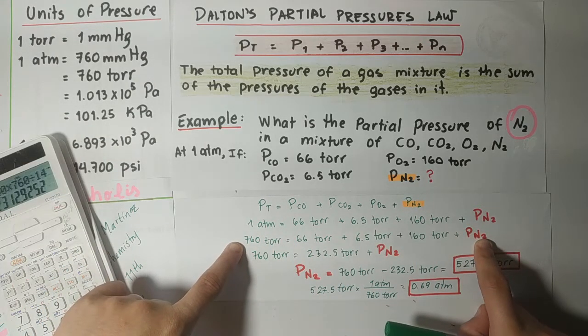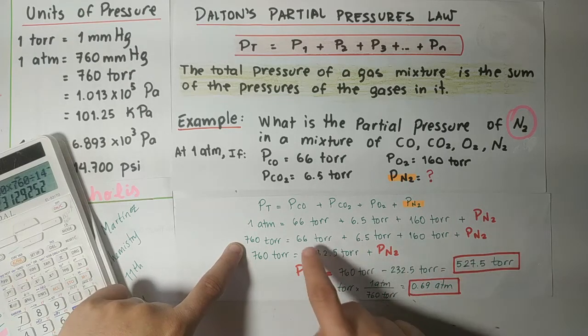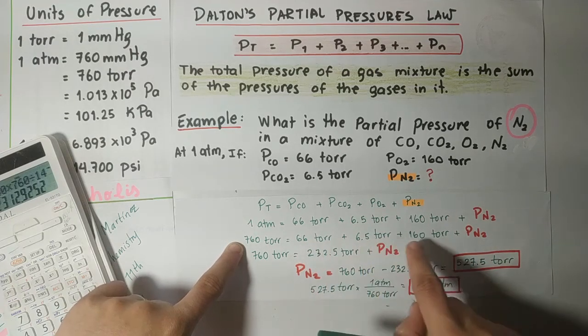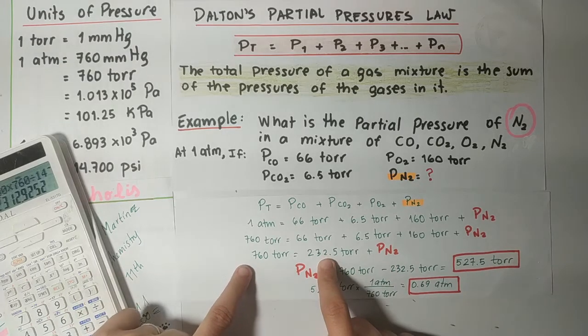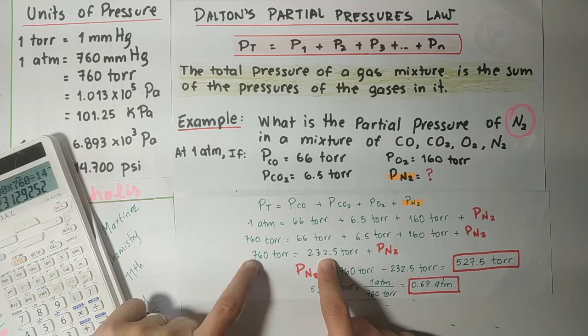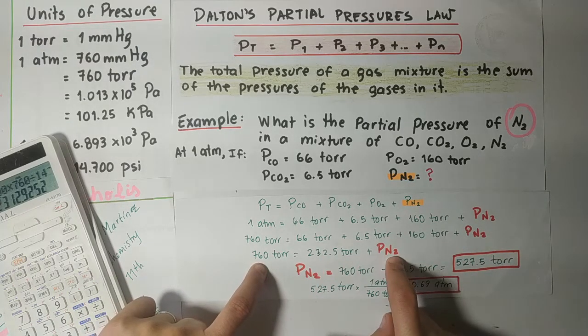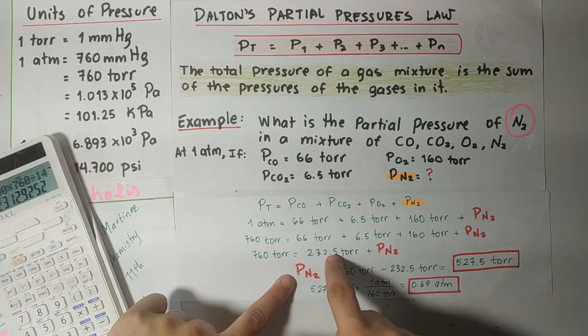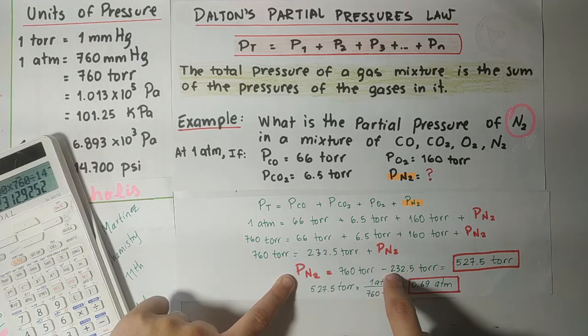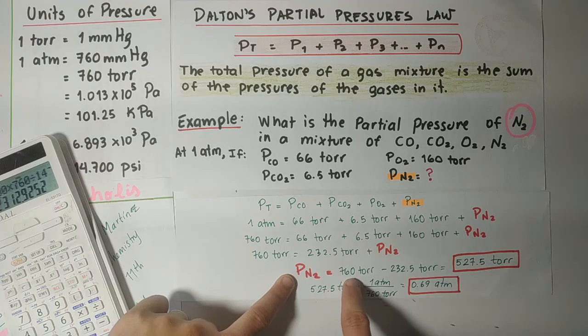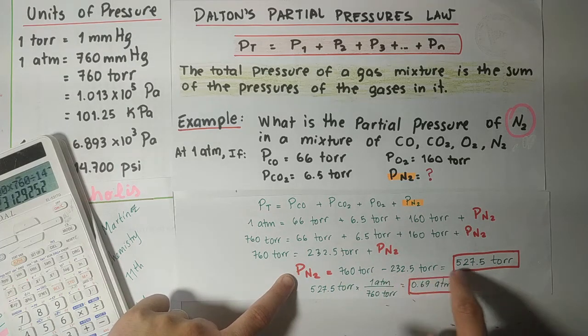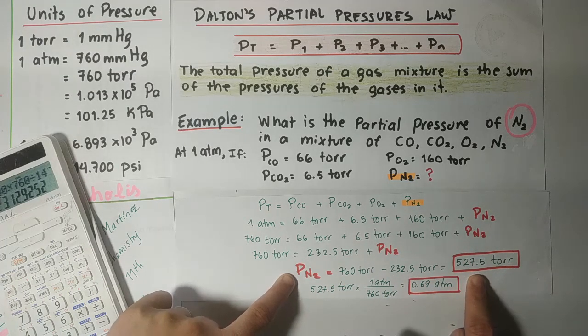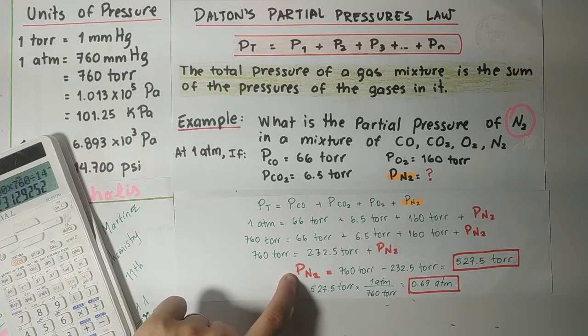But I need to find the pressure of nitrogen. So here, 66 plus 6.5 plus 160 gave me 232.5 torrs. And then I just isolate for nitrogen, and this one was adding, so it goes to the other side to subtract. 760 minus 232.5 torrs is equal to 527.5 torr. Now, what if I'm asked to express the answer in ATM?